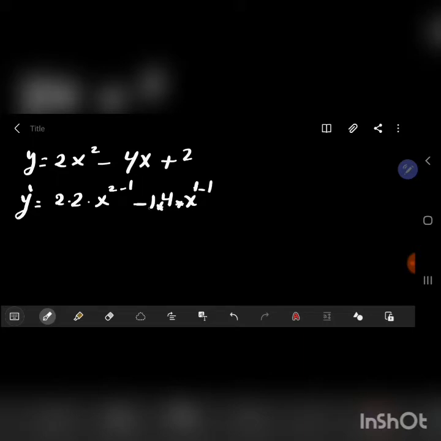This is by times, not dot. Plus if I have a constant number, its derivative will be 0.